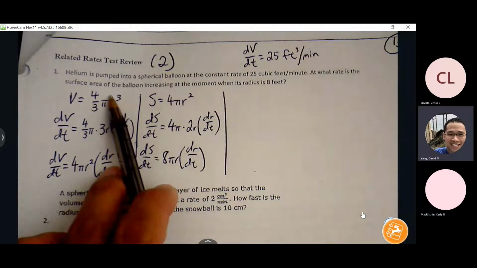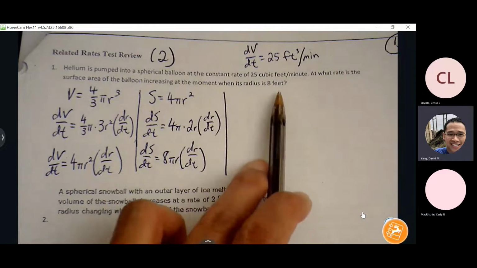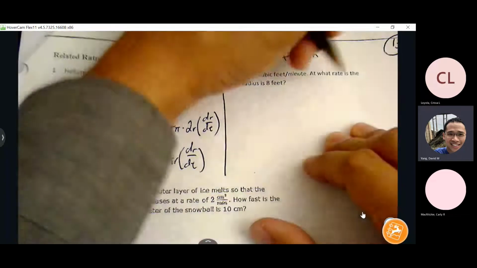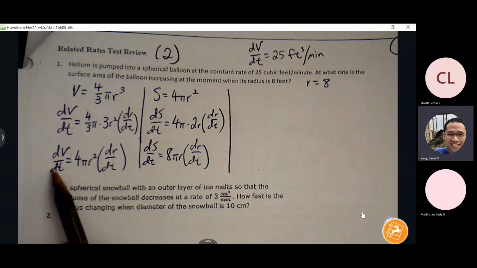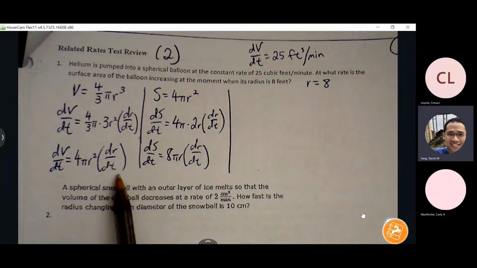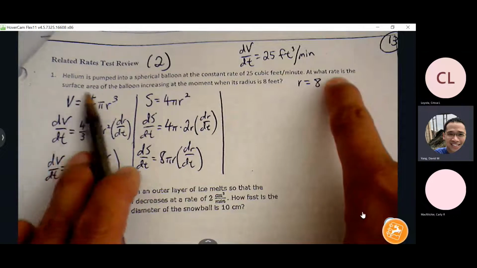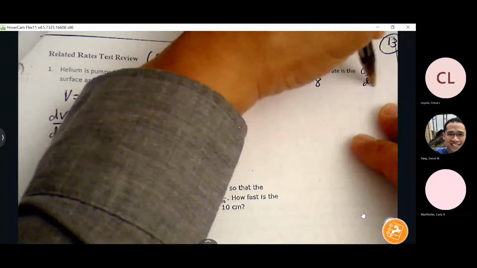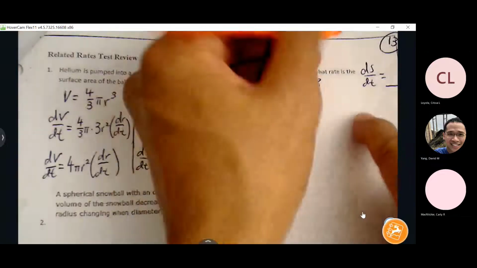Okay, our rate is surface area increasing. We're looking for dS/dt at the moment when the radius is 8 feet. The 8 is given to us, and dV/dt can help us get to dR/dt. Ultimately, we're looking for dS/dt.